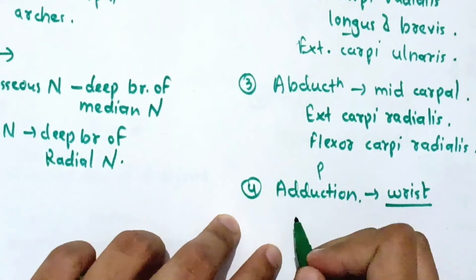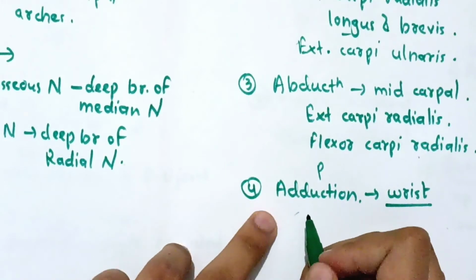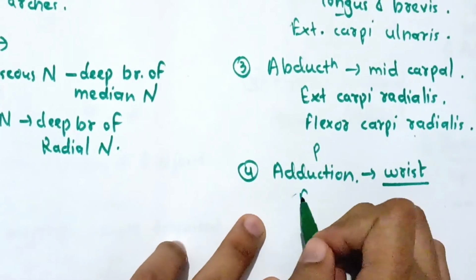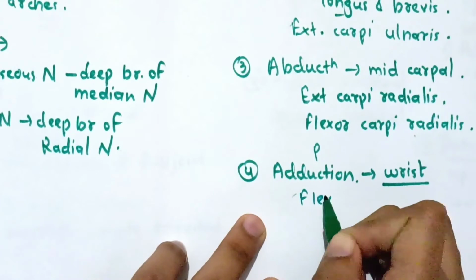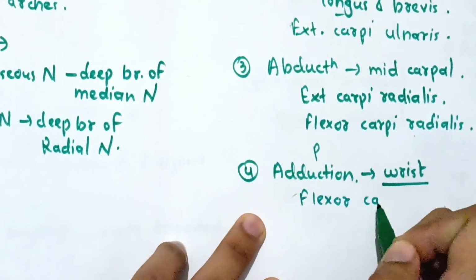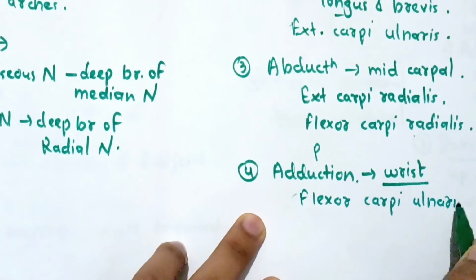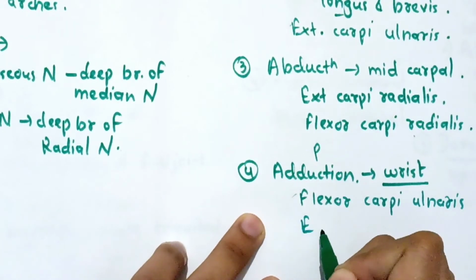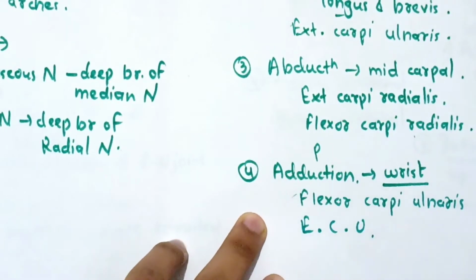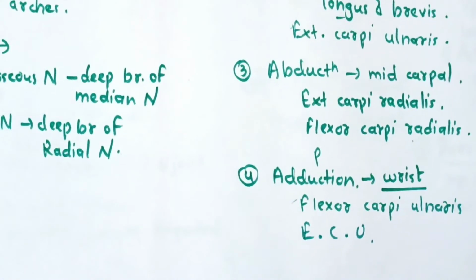Now which muscles are helping in adduction? These are the flexor carpi ulnaris and extensor carpi ulnaris.